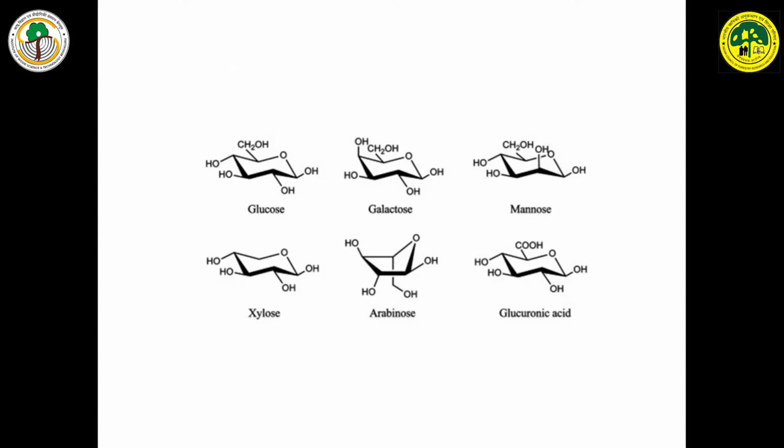So glucose, galactose, mannose, and glucuronic acid all contain 6 carbon atoms, whereas xylose and arabinose both contain 5 carbon atoms only. If we carefully observe, we find only 5 carbon atoms in xylose and arabinose, whereas the other 4 molecules have 6 carbon atoms.